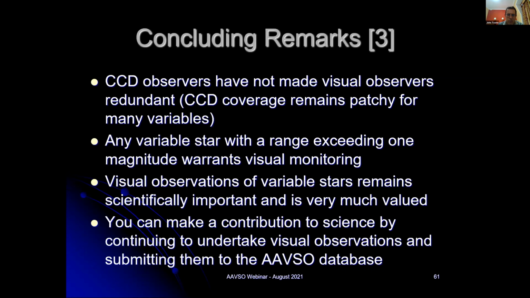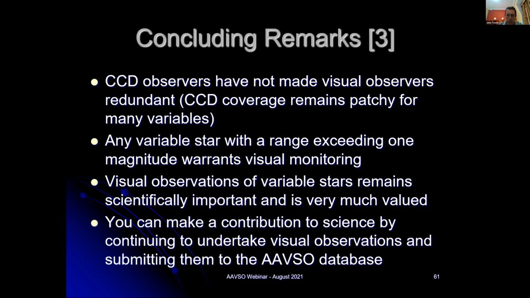So visual photometry can be applied on any variable star which has got a range of 1 magnitude. You can go less if you want to challenge yourself, but 1 magnitude certainly warrants visual monitoring. So what I would say in summary is that visual observation of variable stars remains scientifically important, much valued.